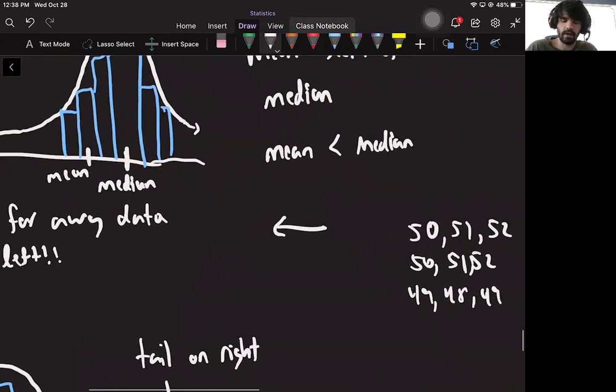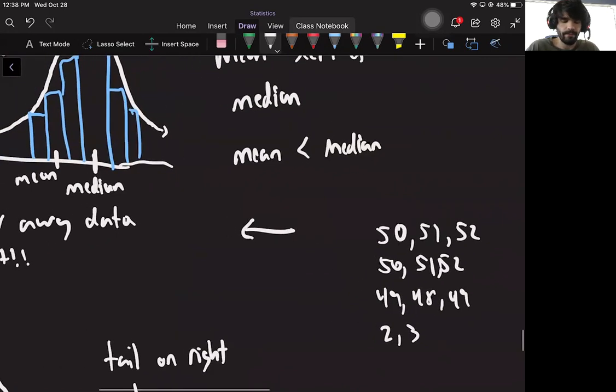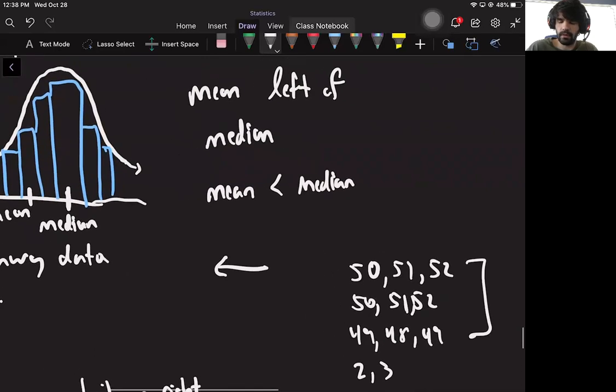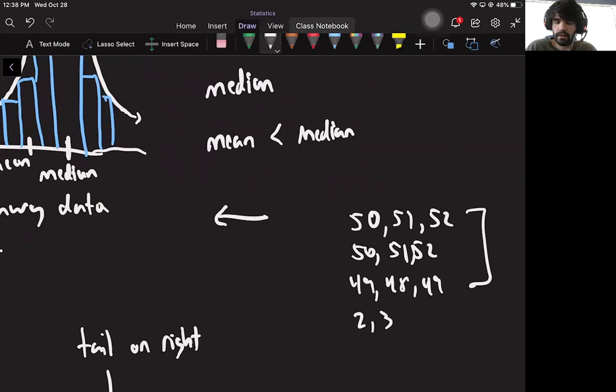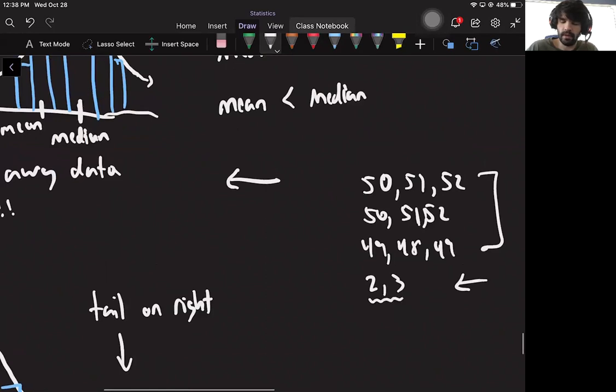But then you also have a couple very far to the left, say just 2 and 3 maybe. And so what's going to happen there is the median will still be around this big grouping, but the mean will be much lower, probably around the high 30s, low 40s, because of these two very far to the left numbers. Left on the number line means lower, so it's going to be a lower number, like 2 and 3.